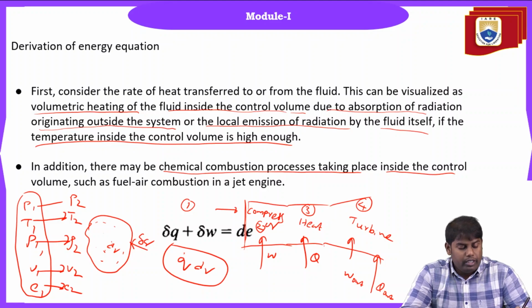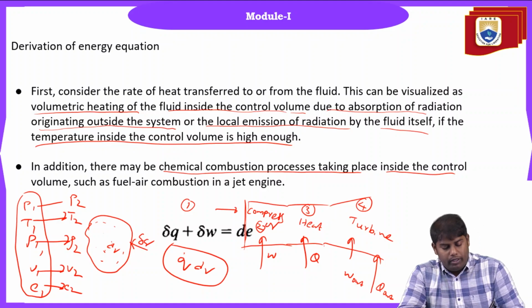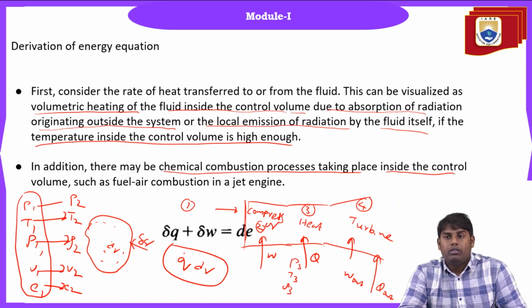When it is going from station 2 to 3, again the pressure changes: P2 to P3, T2 to T3, rho2 to rho3, V2 to V3, E2 to E3. So at this point, you will have P3, T3, rho3, and so on.